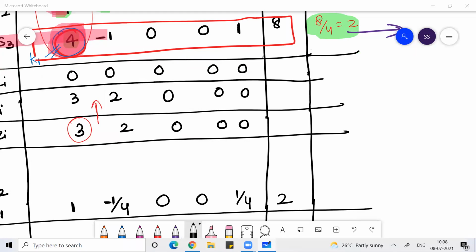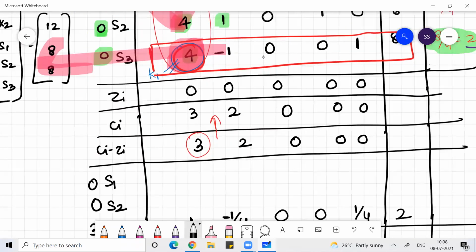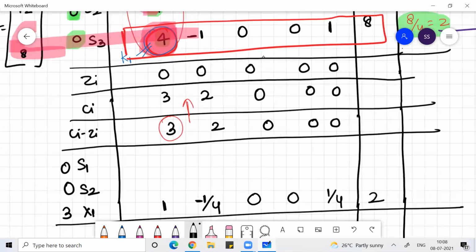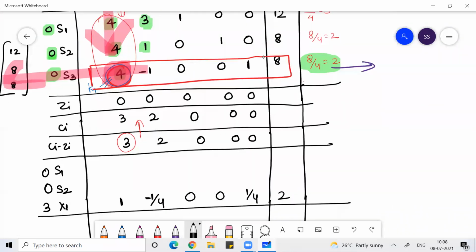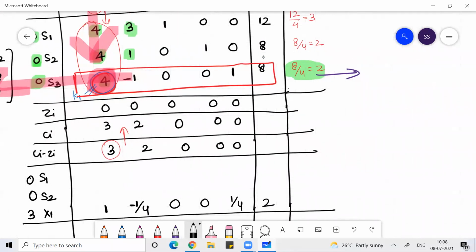With this, you will find the value of X1. Clear, everyone? So once you get the value of X1, I can find the values of the other variables. I can find the value of S2.